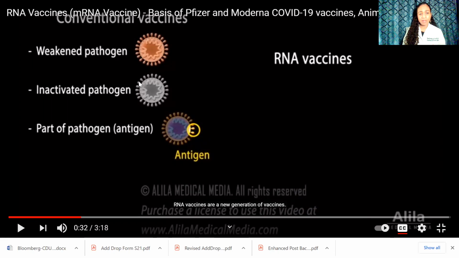Then you have inactivated vaccines. These are like the hepatitis B vaccine that children receive when they're born at 2, 4, 6, usually 9, and then 12 months. And it's given in that series because of the way that the body's immune system works.